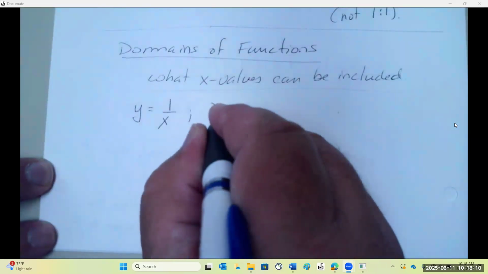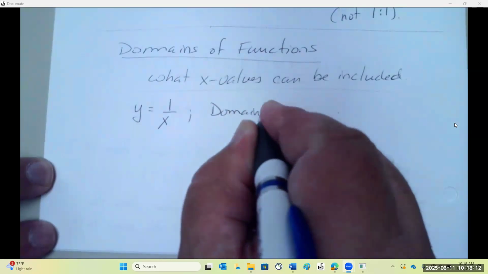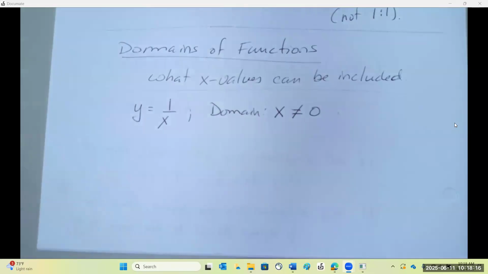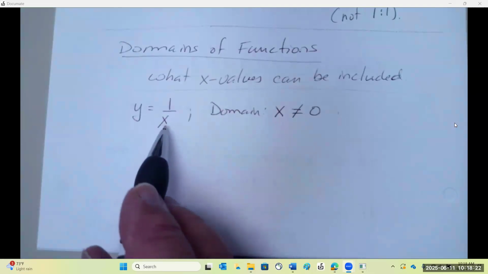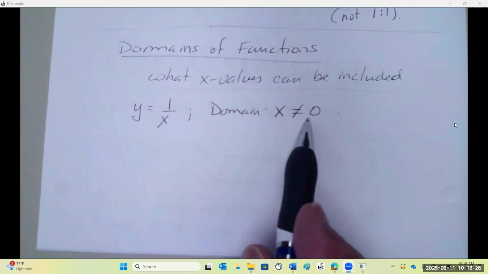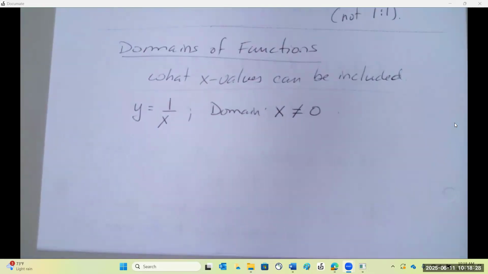Here, my domain is X cannot equal 0. Why? Because what's the only thing you cannot have on the bottom? A 0. So the only thing I cannot have here, X cannot be 0. That's the only restriction of my domain. It could be anything else, but it cannot be 0.